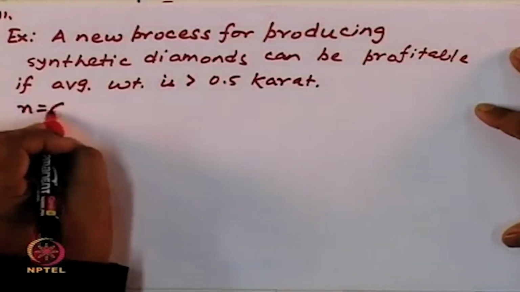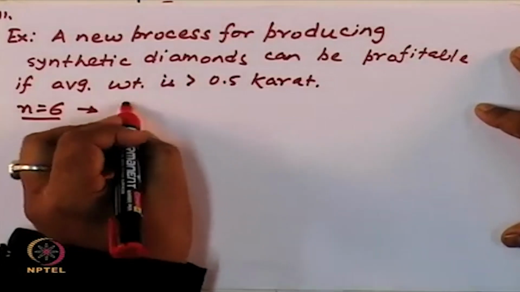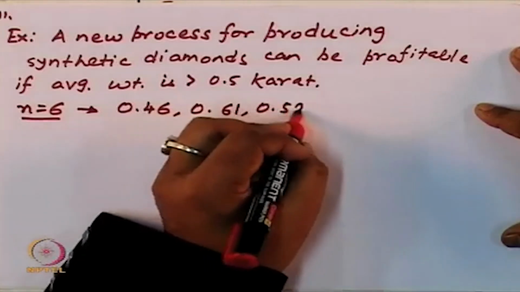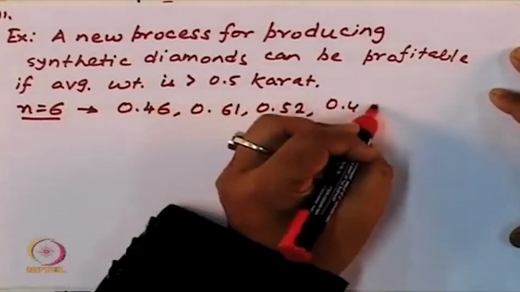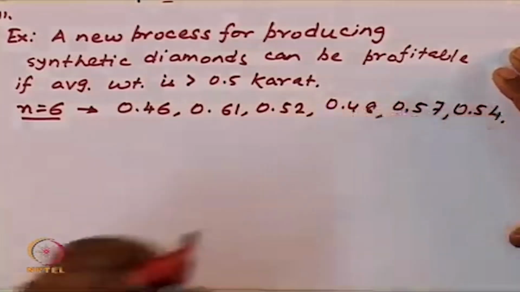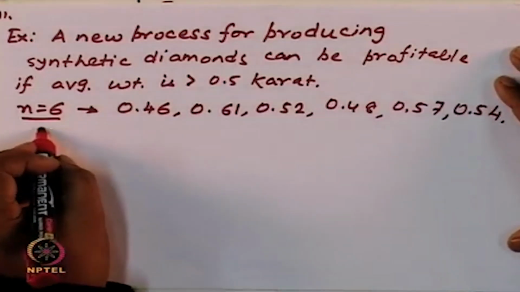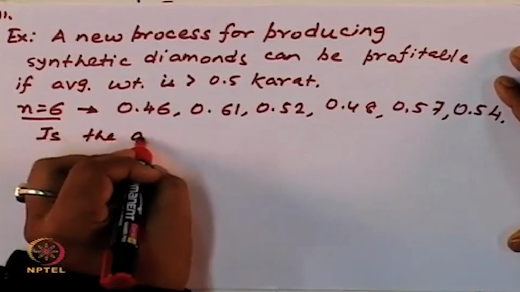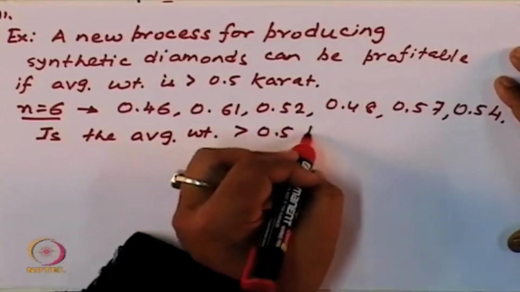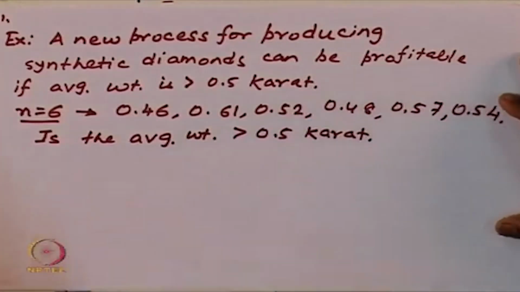Now, you have taken n equal to 6 samples and their weights are respectively 0.46, 0.61, 0.52, 0.48, 0.57 and 0.54. So, based on this, you want to know: is the average weight greater than 0.5 carat? So, how will you solve this problem?